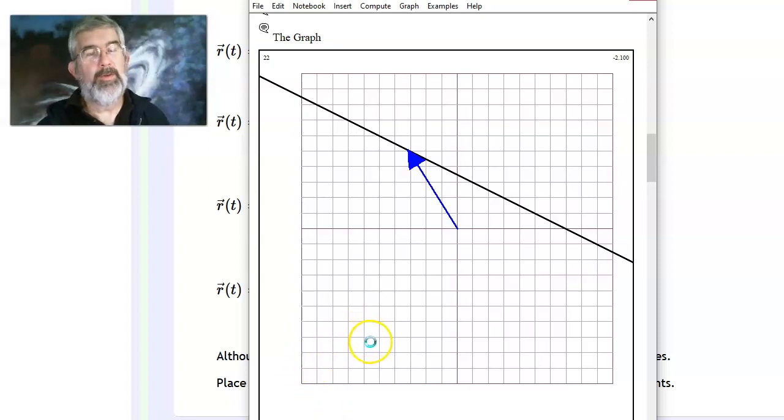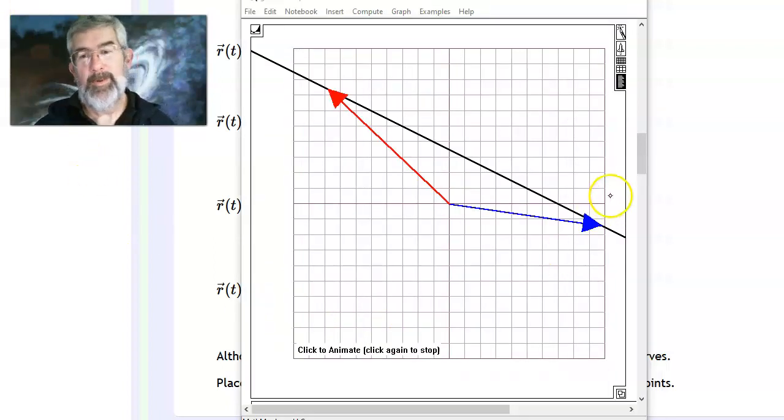For instance, I'll do the same curve, but I'll make it go in the other direction here. So now I've got both a blue vector, which is parameterized the way it was before, and a red vector, which is r of t is 1 minus 2t, comma, 3 plus t.